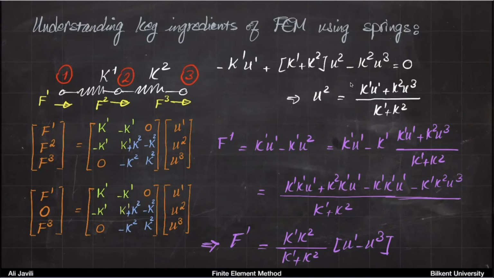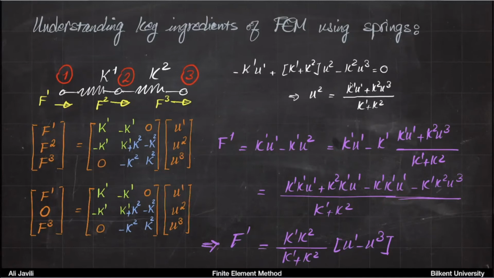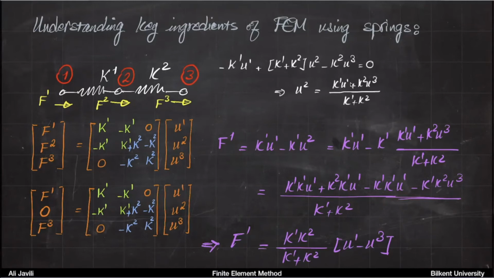Now, what we want to do is to play the same game for F3. Again, I'm going to repeat it like that. Let's say we have the first relation here. I want to keep all of them in one slide because I think the final conclusion is very interesting.